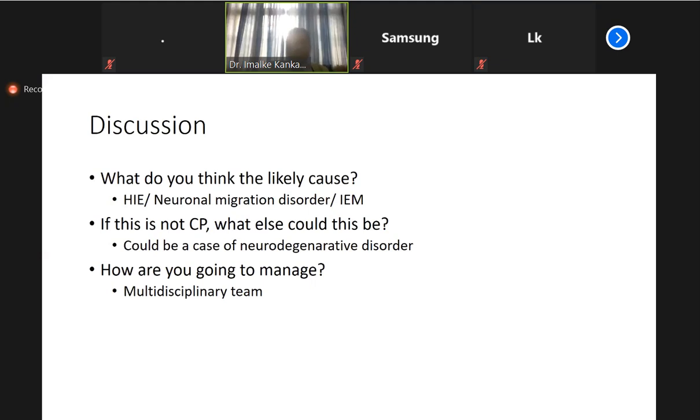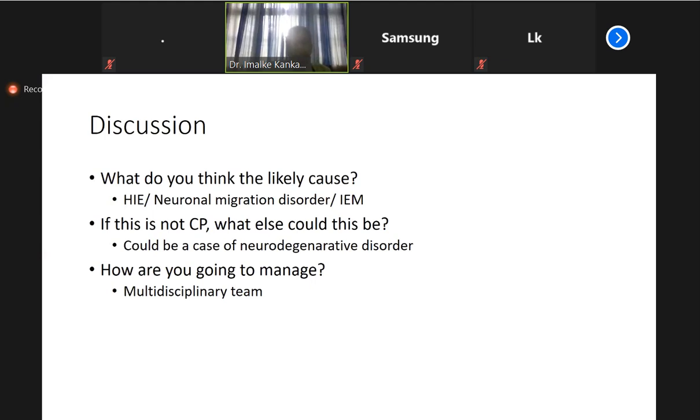Now, if we say, okay, if this is not cerebral palsy, what else could this be? I used to ask this question. If it is not cerebral palsy, this could be a case of neurodegenerative disorder. That is the only differential diagnosis you can say.